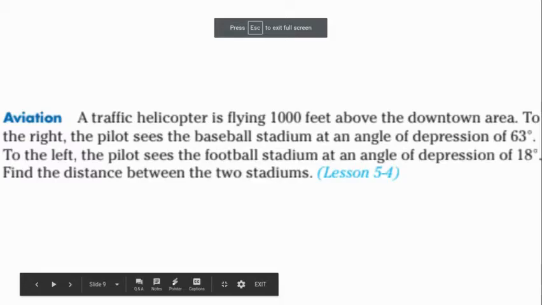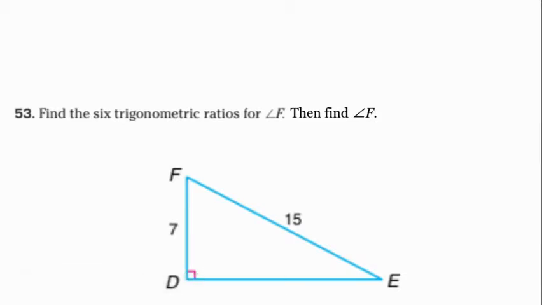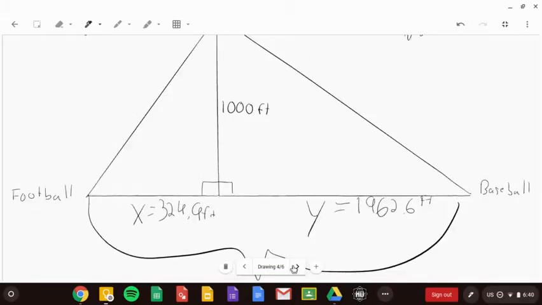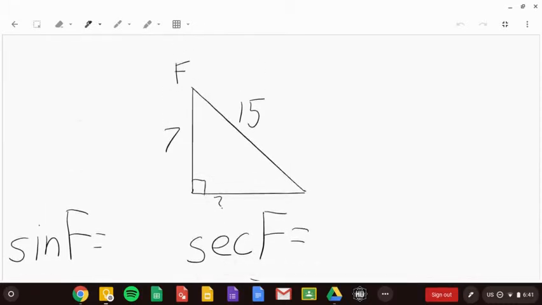Alright, so next up, we're going to find the 6 ratios for angle F, and then we're going to find angle F. We have our right triangle right here. We have 17, 15, and whatever that is. First we need to use the Pythagorean theorem to find this missing variable.